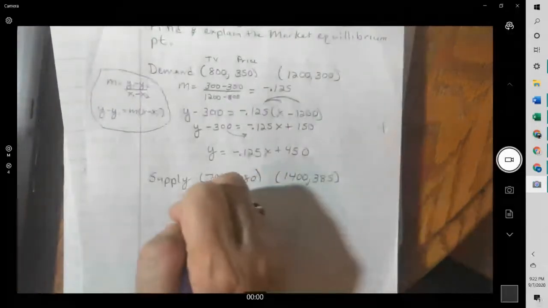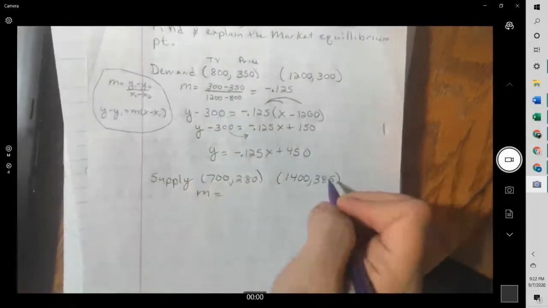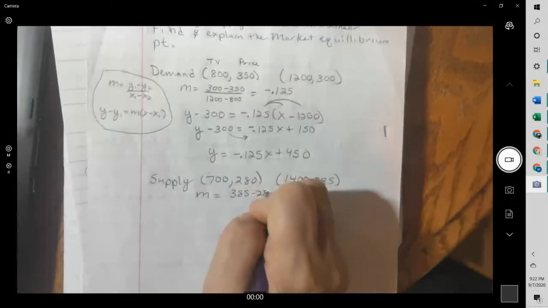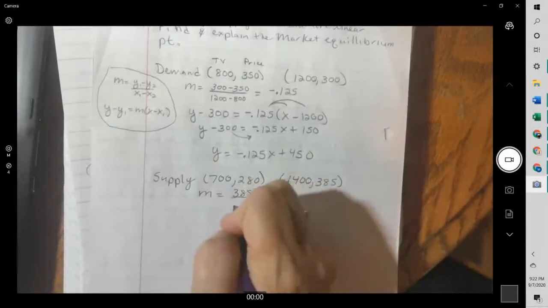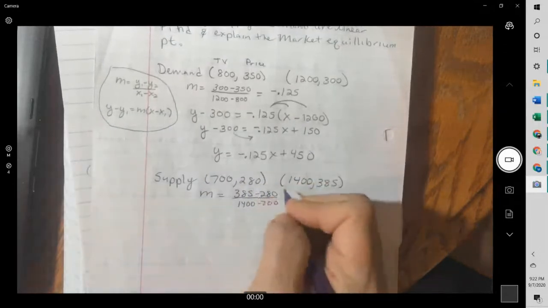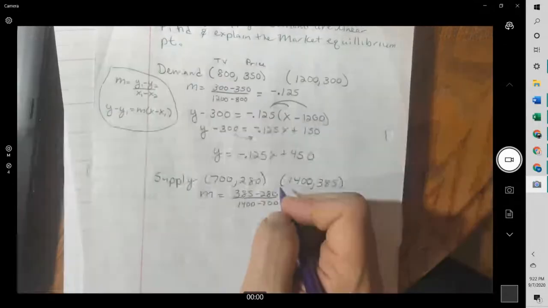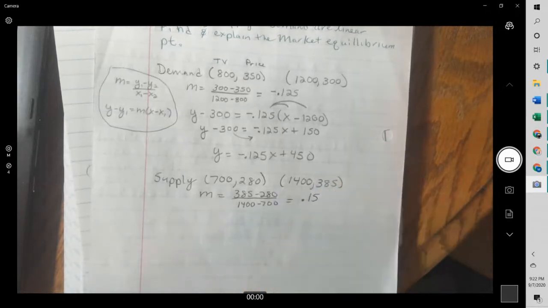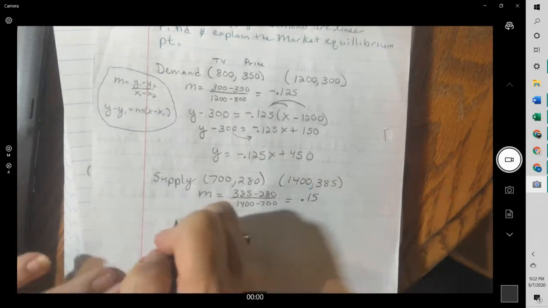So the first thing we find is our slope: 385 minus 280 over 1,400 minus 700. If you subtract those, you get 0.15, or 1500ths. So that's our slope.